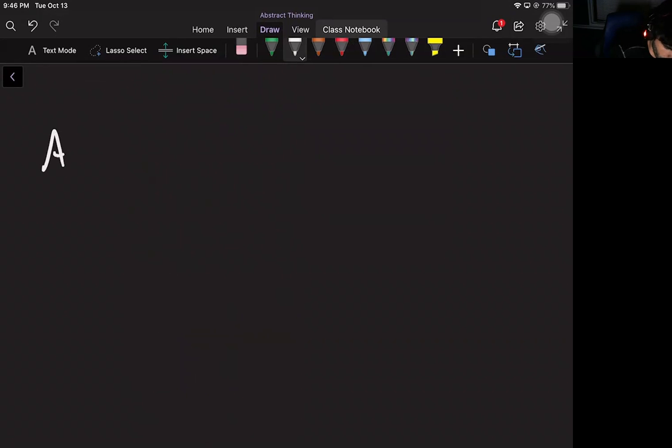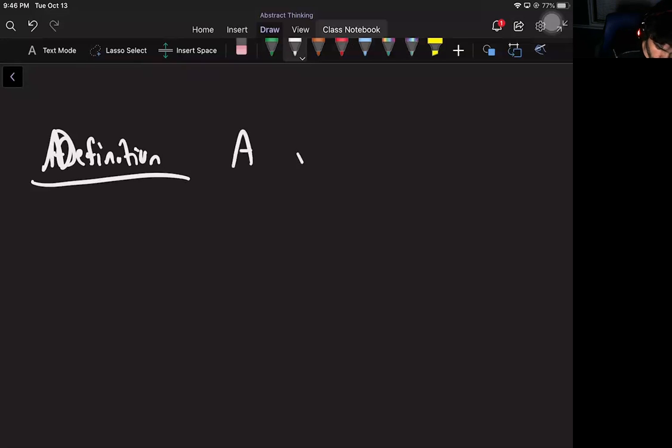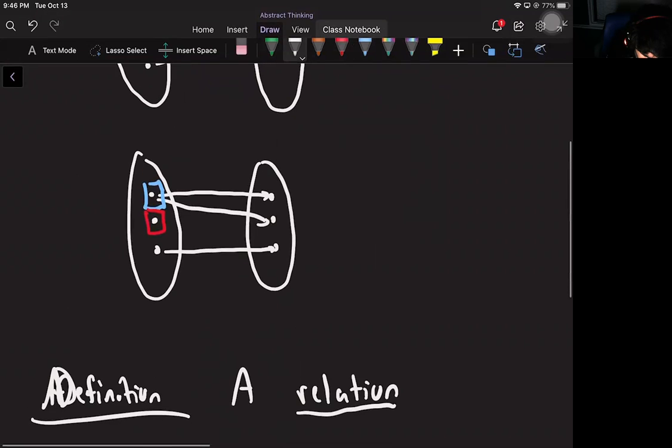Okay, so this is the definition that we're talking about. A relation. So the idea is that a picture like this creates relationships from one set to another. That's where this name is coming from.